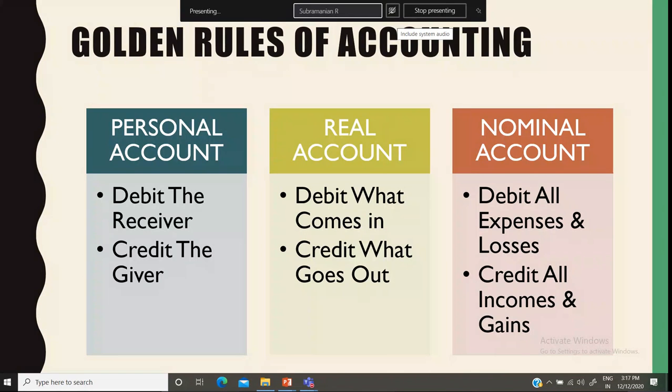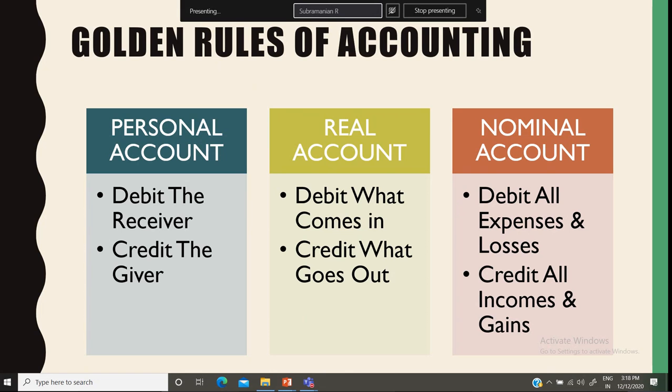Any expenses you have should be debited. Debit all expenses and losses. If you are incurring some loss, that also has to be debited. If you are paying salary to an employee, salary account has to be debited since it is a nominal account and it is an expense.